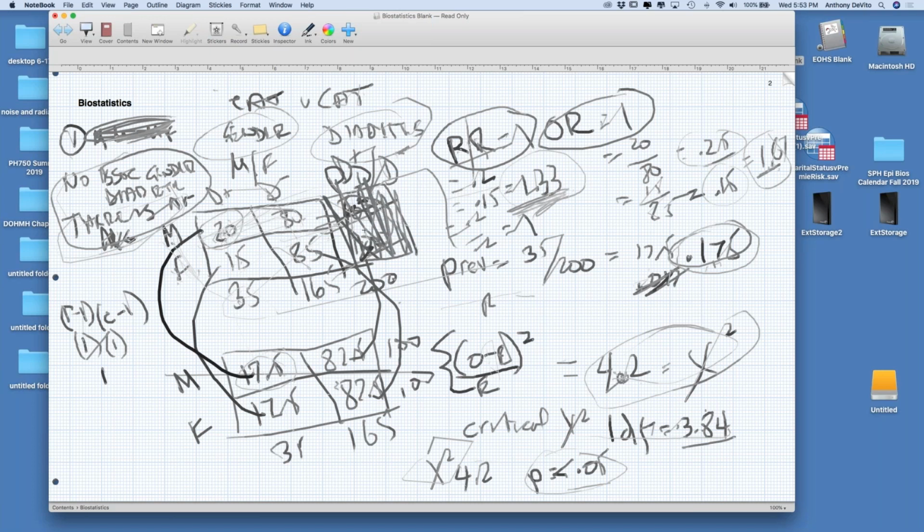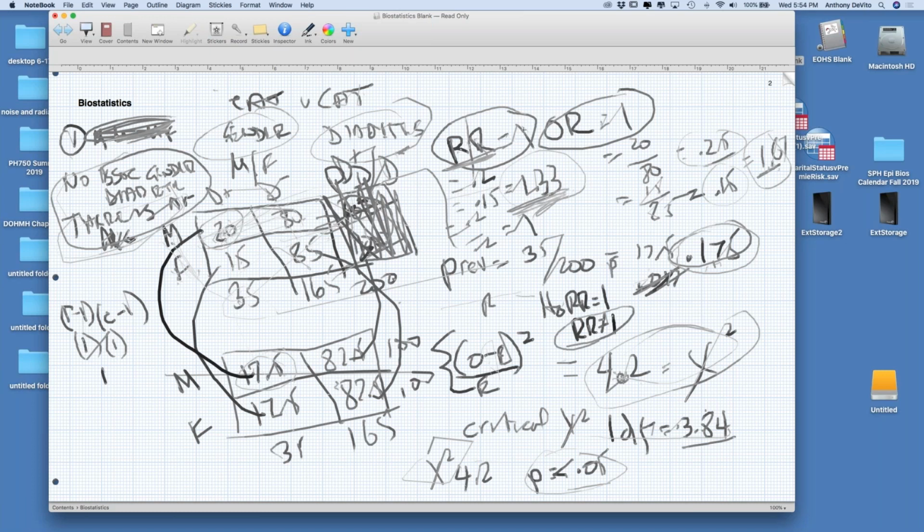So what would our null hypothesis be for relative risk? Our null hypothesis would be the relative risk is equal to 1, and our alternative would be the relative risk is not equal to 1. And how do we know that we can reject the null hypothesis if we don't have a p-value?